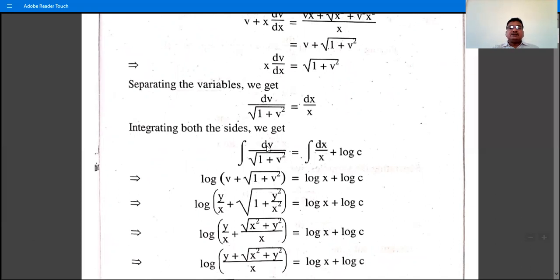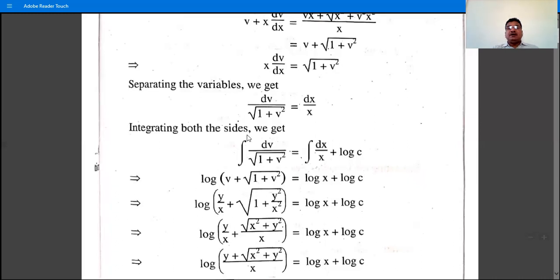And then by using the rule, integration of 1 by root a square plus x square is log x plus root a square plus x square.